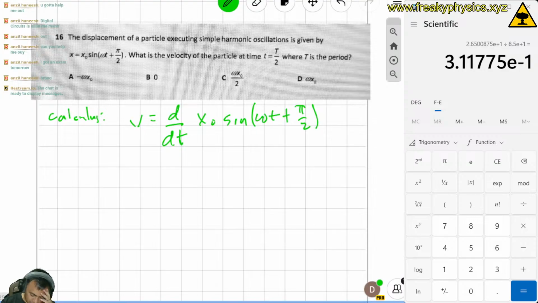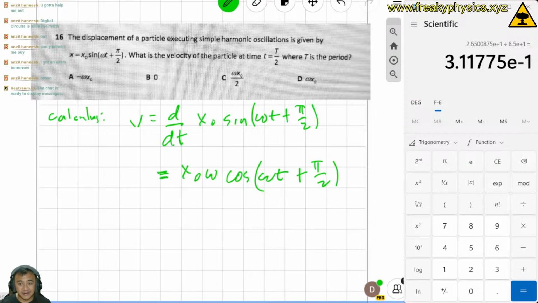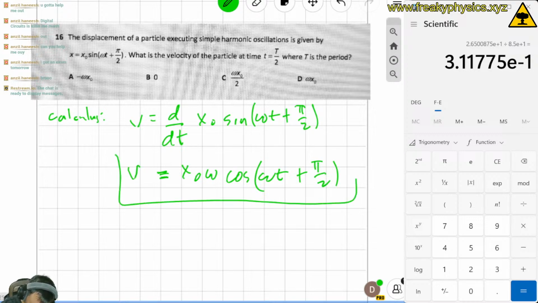Which would give us x0 omega cosine omega t plus pi over 2. I'm just giving you the option of using calculus, because I know you've learned it, right? Okay, so this is the velocity.